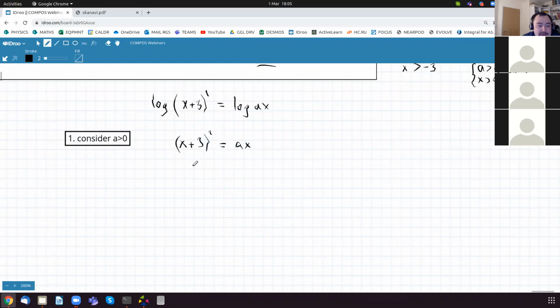We expand: x squared plus 6x plus 9 equals ax. Take this to the left-hand side, we get x squared plus (6 minus a) x plus 9 equals 0.